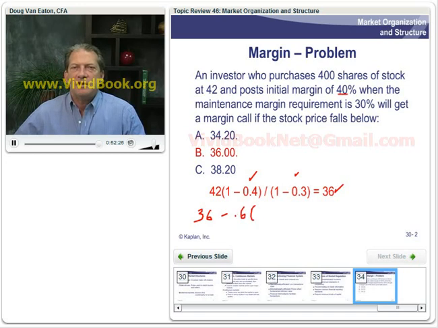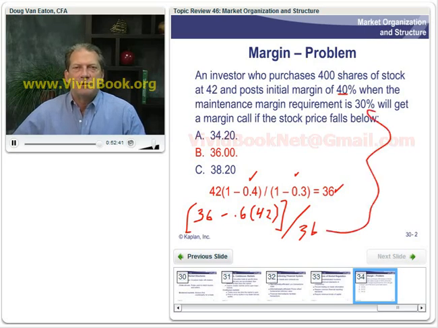Unfortunately, that's not an easy number I can do in my head, but that's the portion of the stock we own, the stock value minus the loan. Then we divide that by 36, and that should come up to our 30%. So we could identify that even if you forget that formula.